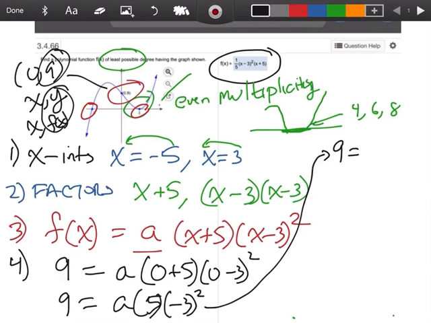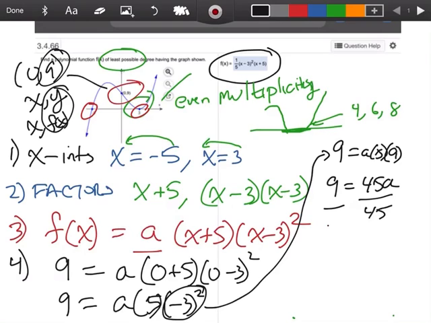Right over here where I have a little bit more room. So a 5, -3, when I square it, is a positive 9. So this is 9 equals 45a. So when I divide both sides by 45, we get a is 1/5, okay?